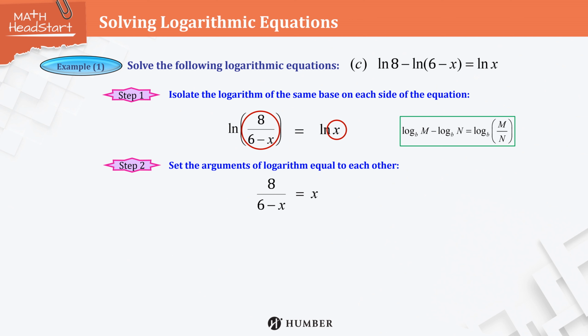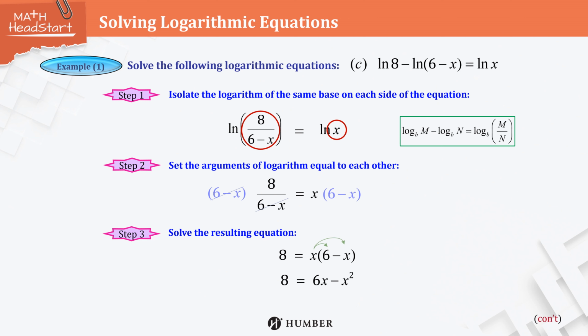Now let's solve the equation. First, multiply both sides by the denominator 6 minus x to get 8 equals x bracket 6 minus x. Distribute x to the inside of the bracket on the right side.